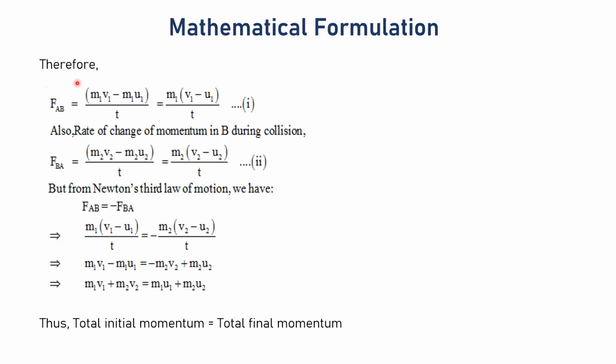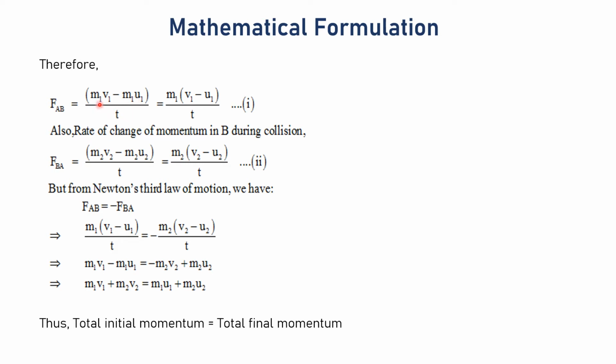Now the change in momentum when object A collides with B will be (m1 v1 minus m1 u1) divided by t, right? m1 v1 was the final momentum of object A, and m1 u1 is the initial momentum of object A. Because we have to find the rate of change of momentum, we divide by t, right?